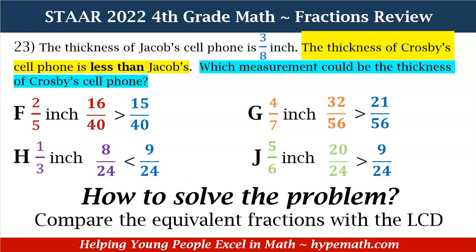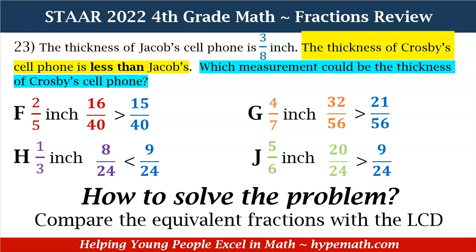And remember that the alligator mouth, or the inequality sign mouth, always opens up to the larger number. So for this problem, Jacob's cell phone would be the larger number because it said that Crosby's cell phone is less than Jacob's. So the alligator mouth would open up to the fraction that's in blue.